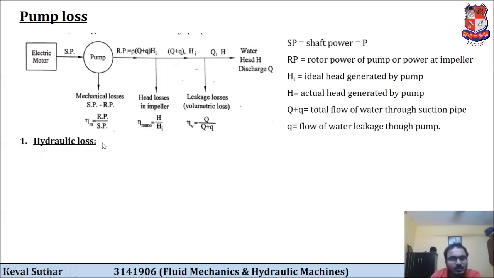So here the mechanical efficiency is given by rotor power divided by shaft power. Then there are head losses in the impeller.